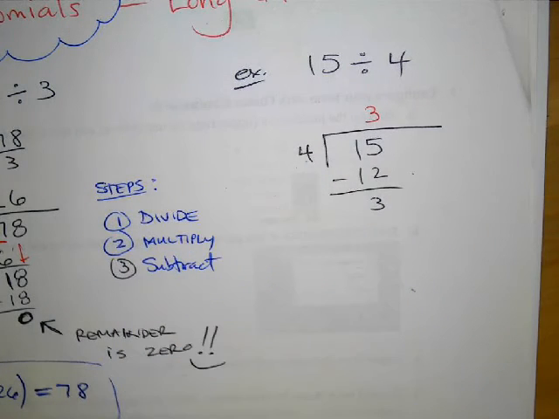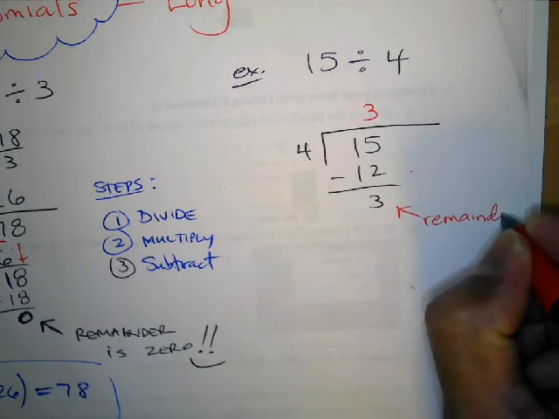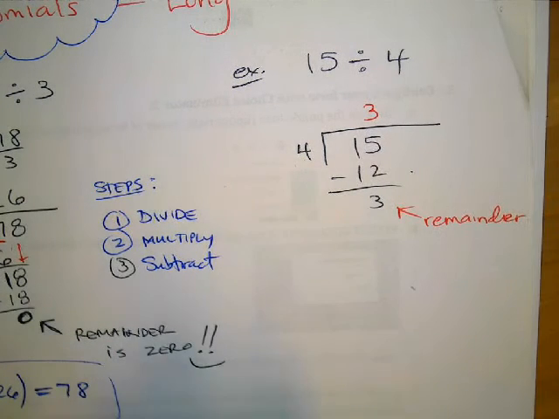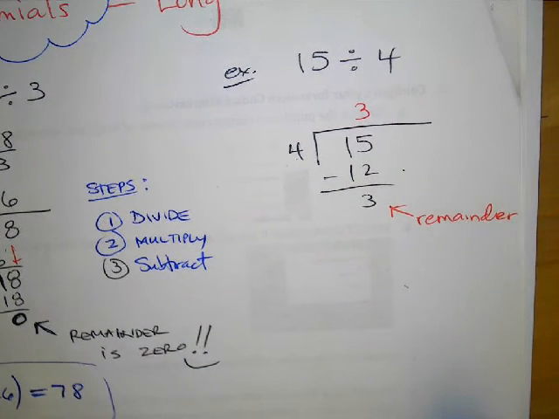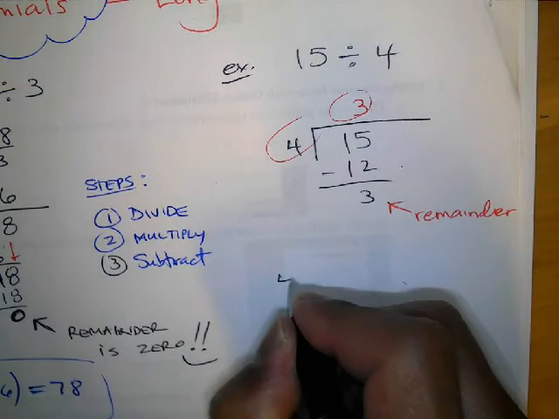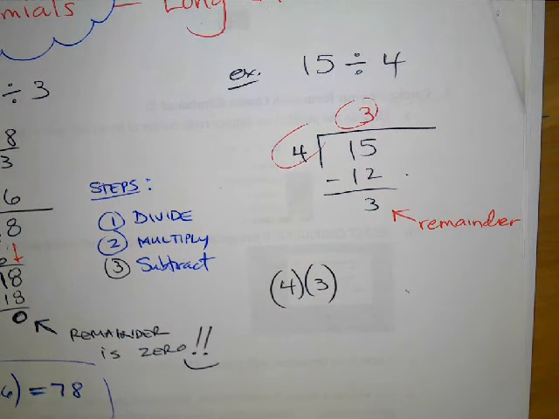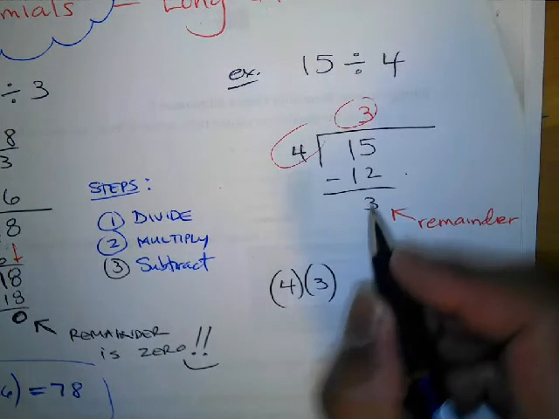Now again, what if your remainder is not 0? What does it mean when you get a remainder like this, anything other than a 0? Well, you're going to be able to say that 4 times 3, and I should have picked another.